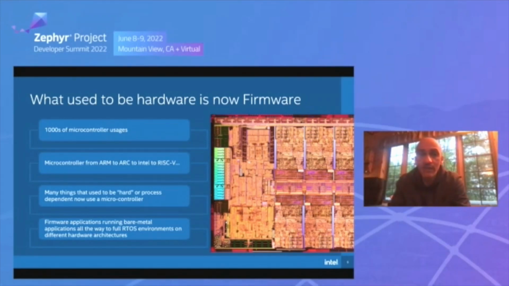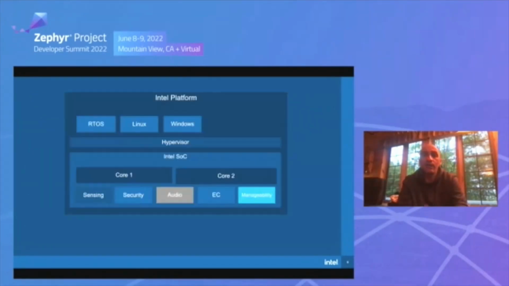So basically, to illustrate that and make it simple, if you look at an Intel platform, let's say a laptop running Windows or Linux, you can also run an RTOS if you need to, either directly or on top of a hypervisor.